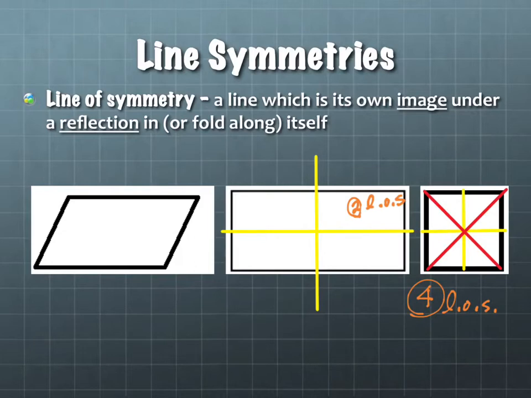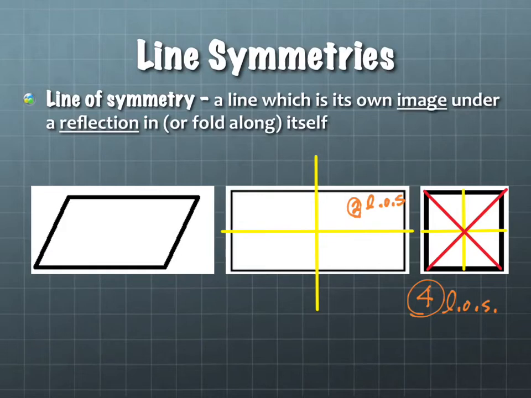Over here on my first figure, what do you think about lines of symmetry? You could if it were a rhombus, but this one isn't. It's actually elongated, more like a rectangle is.